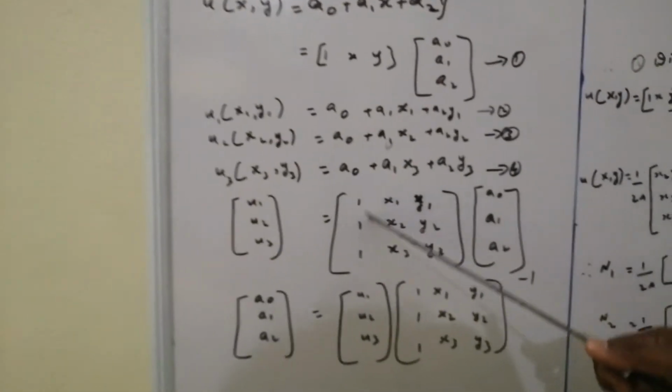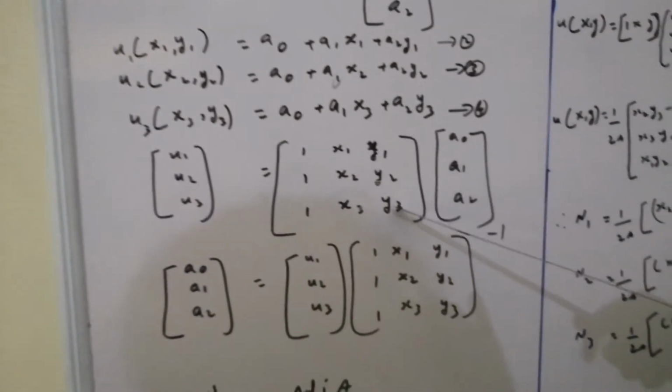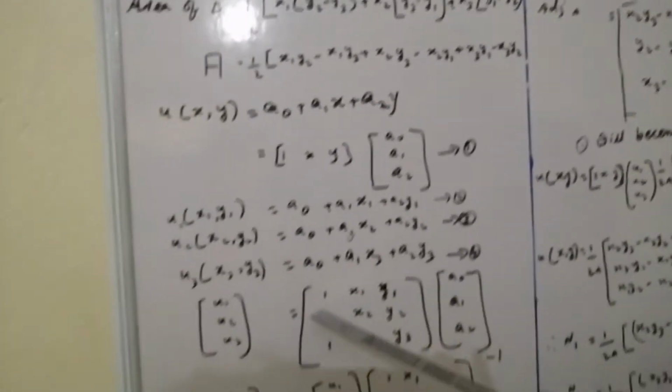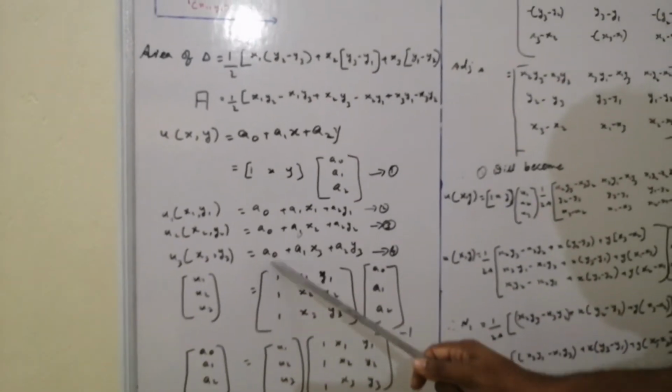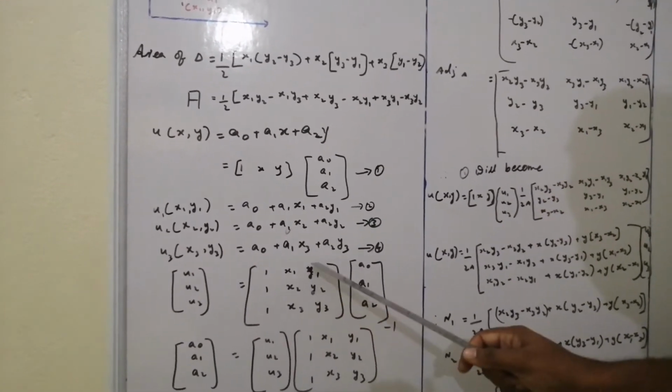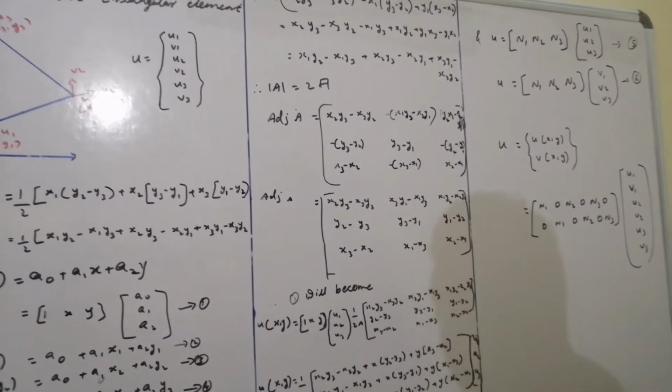That is, first we want to remove this row and column, then x2 y3 minus x3 y2. Then we want to remove the second row and column, a21, and write x1 y3 minus x3 y1.